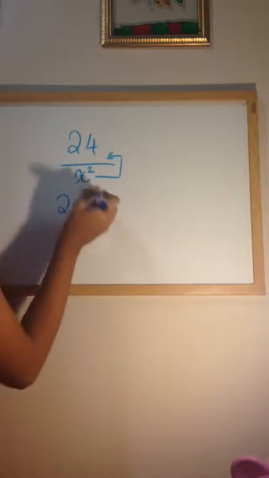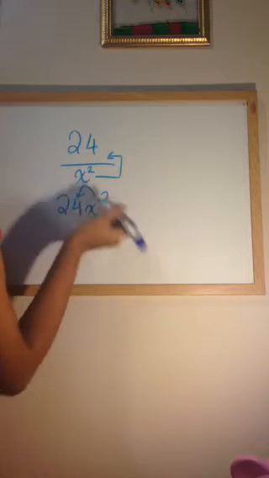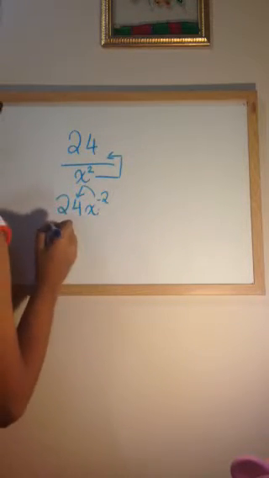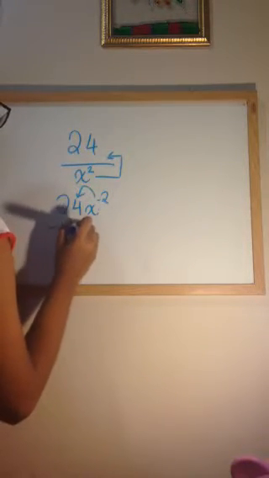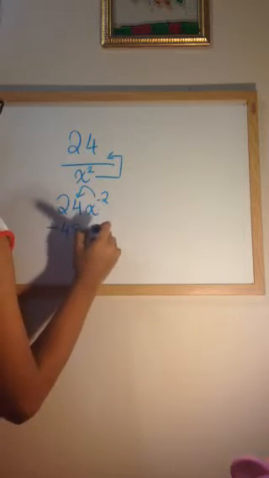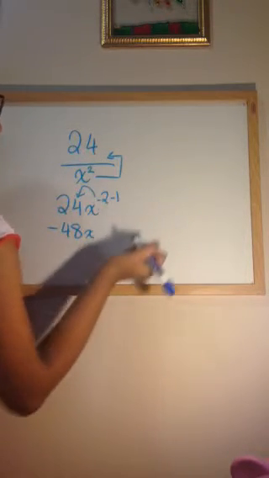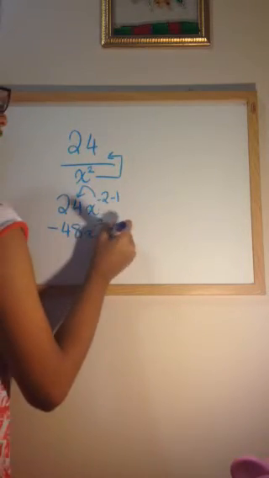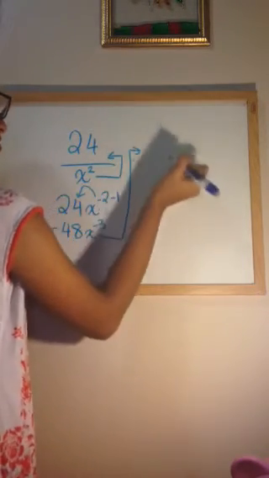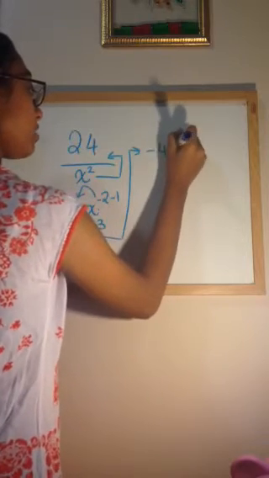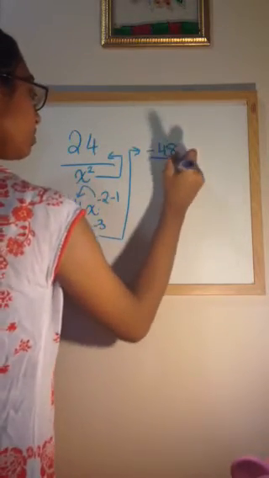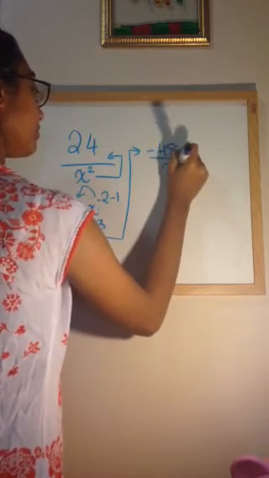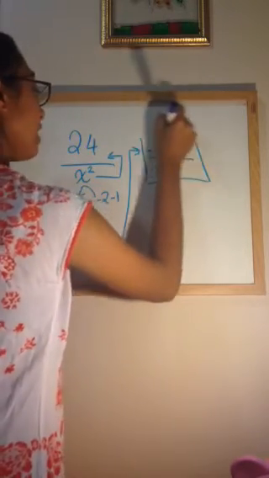And again, as with normal derivatives, multiply the exponent by the coefficient, it's negative 48x, and then you always drop the exponent by 1. So x to the negative third. You're not done yet, you've got to simplify. So negative 48 over x to the third. That's your answer, and that is your derivative.